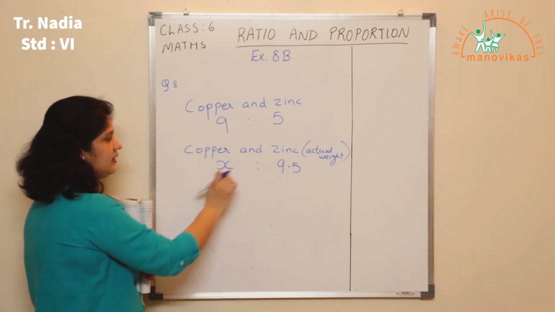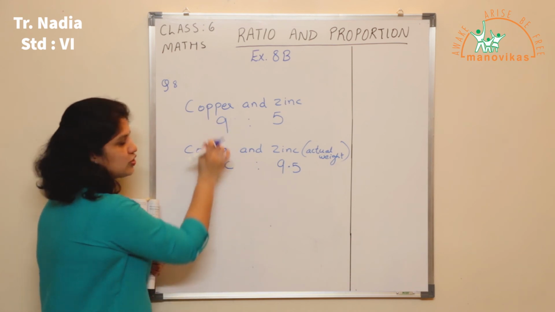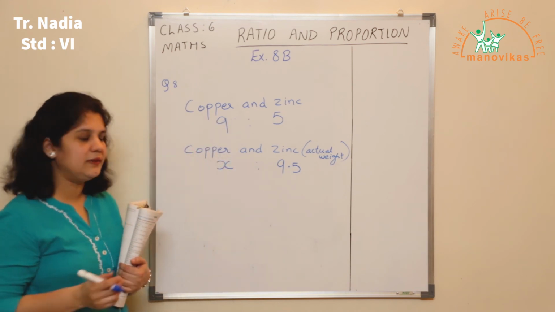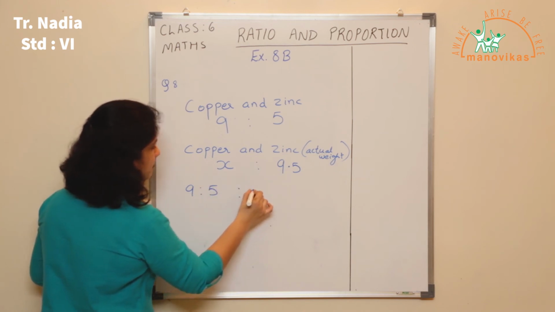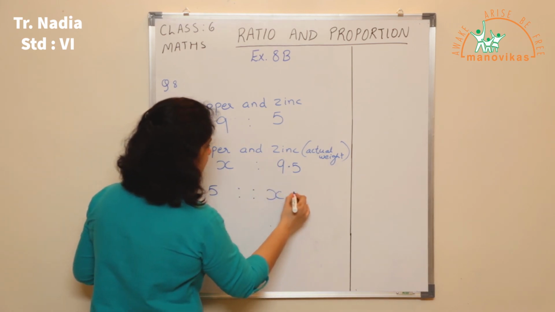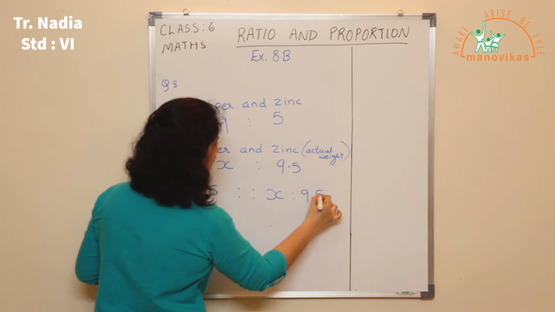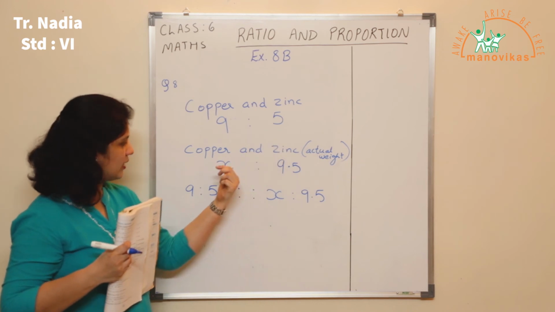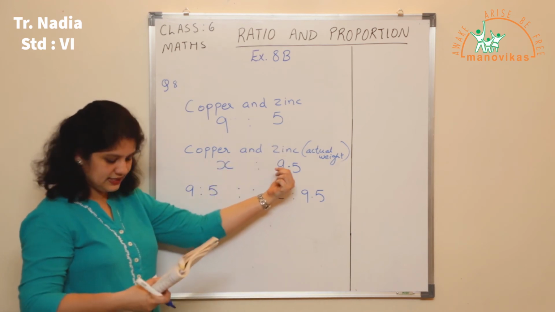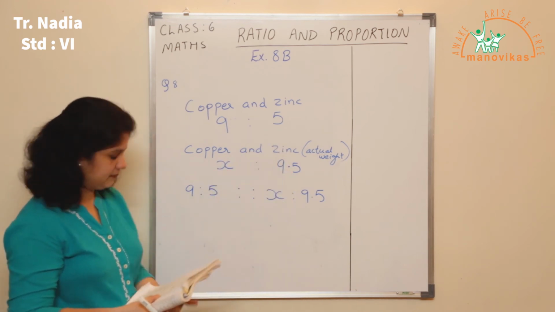So these two ratios are equal and therefore in proportion. So 9:5 is in proportion to x is to 9.5. Now please make sure copper is first, zinc is second, in this ratio also.